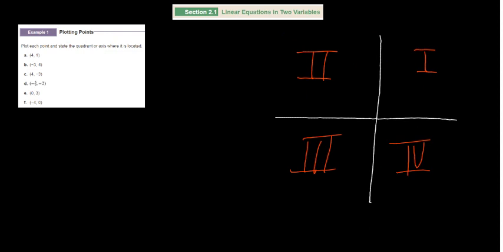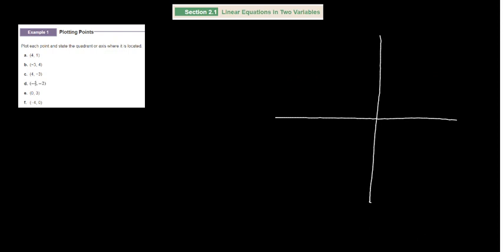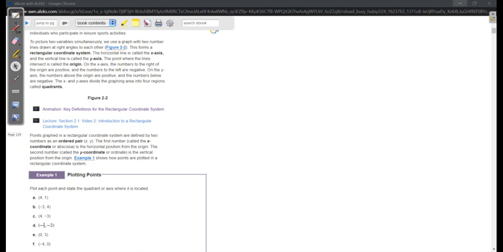Right. Now let's erase those and look at these points here, okay? So this reads, plot each point and state the quadrant or axis where it is located. All right, so in the textbook, it says that the first number, called the x-coordinate, is a horizontal position from the origin. Okay, well, what is the origin?